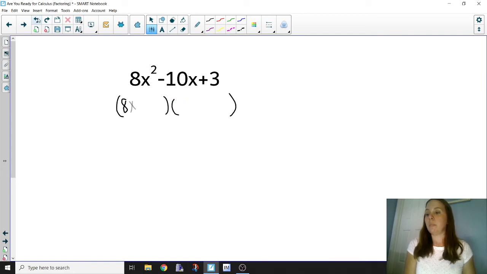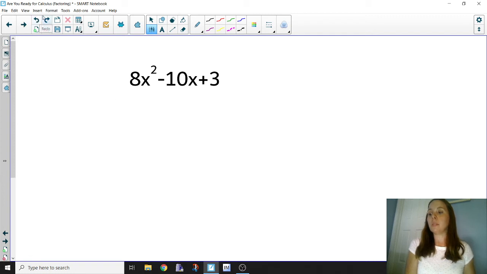Maybe it could be 2x times 4x, and then do factors of 3, 1 and 3, both negative, and keep FOILing to see if that works. Keep distributing to see if that works.